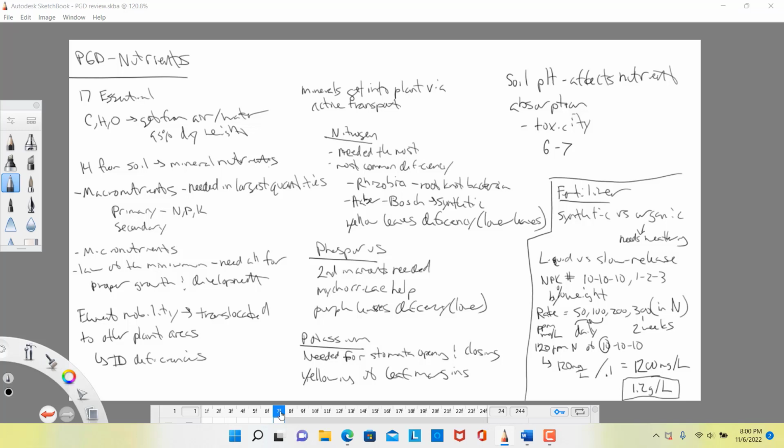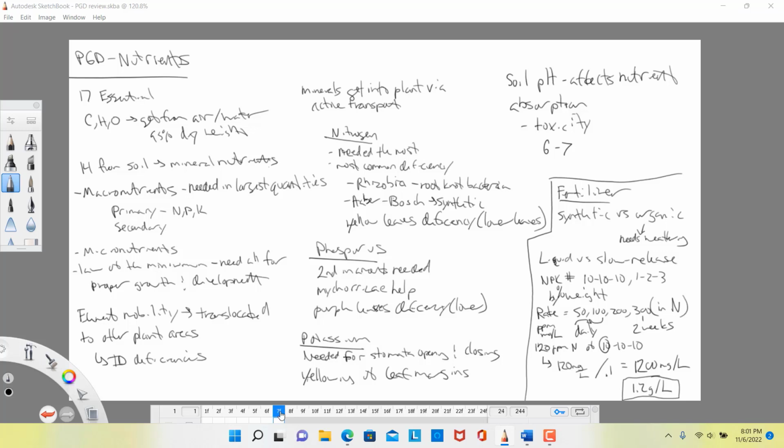And how we actually calculate this, or create a fertilizer, is we utilize that ppm number and we utilize that NPK number to know how much fertilizer we should add to water to create our liquid fertilizer, right? So if we are shooting for a 120 ppm rate, right, that's 120 ppm of nitrogen.